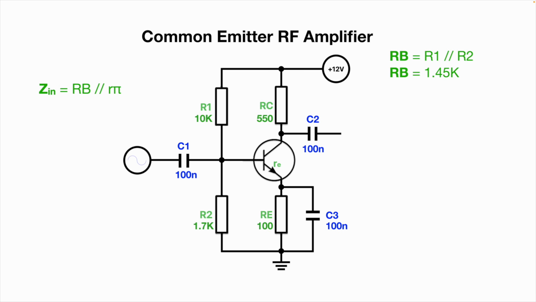1.45 kiloohms. And that is in parallel itself with R pi. Now R pi is the small signal input resistance of the transistor seen looking into the base. And the way that that is calculated, it first of all looks at the base emitter junction and sees a tiny resistance.